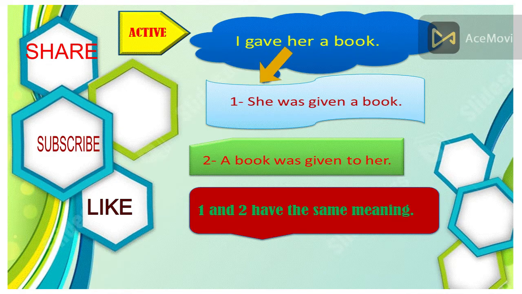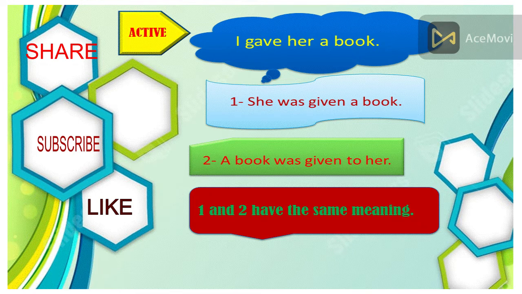In passive voice, in simple past, was or were plus past form, third form of the verb. So she was given a book. In this passive sentence, we start with the indirect object because it becomes the subject. She was given a book.